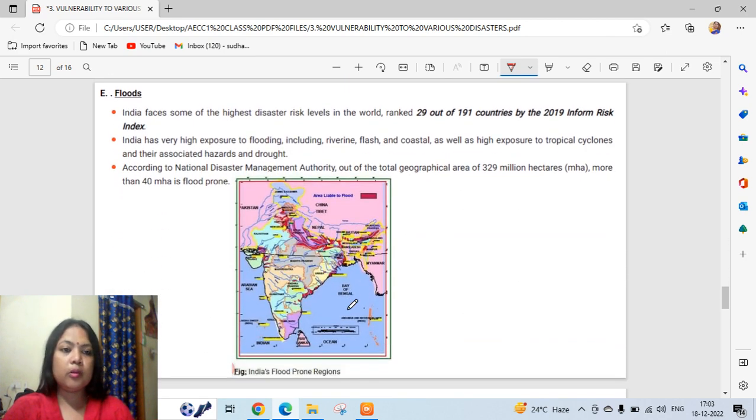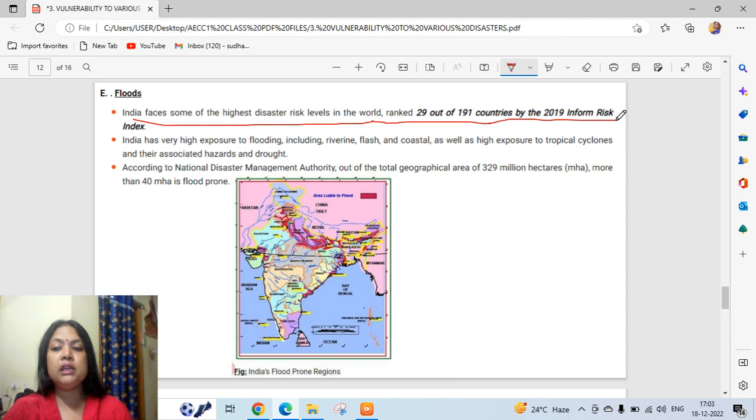Then look at the flood. So India faces some of the highest disaster risk levels in the world, and it is ranked 29 out of 191 countries by the 2019 INFORM Risk Index. Okay, so there is one index known as the INFORM Risk Index to show the vulnerability to different types of disasters.